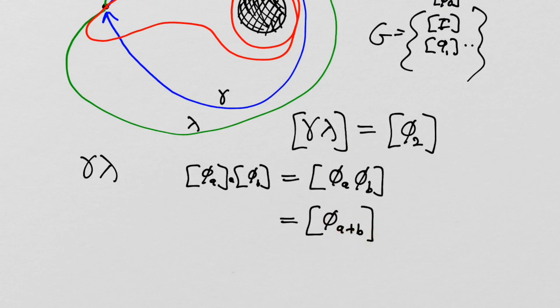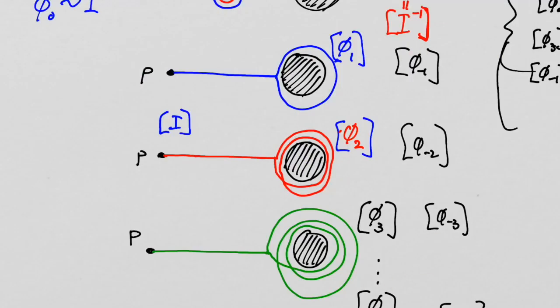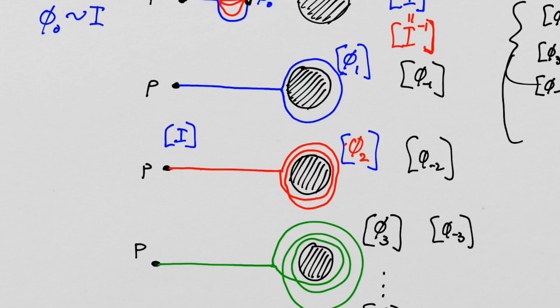Other sets that are more sophisticated, like the one we're going to talk about in the next few lectures, it's not that easy to figure out what are all of these equivalence classes. This was really easy. It's just loops around an annulus.